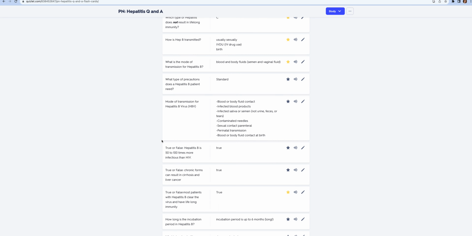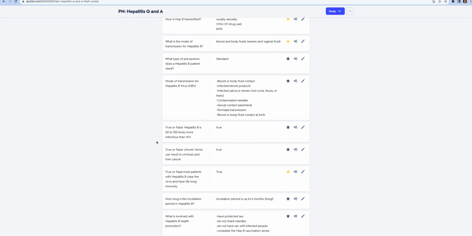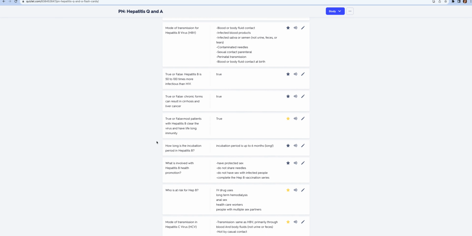The people that are at risk are people that have received blood, not so much in our country anymore, but also infected saliva or semen or vaginal fluid, okay? Contaminated needles, those are ways it can be transmitted.